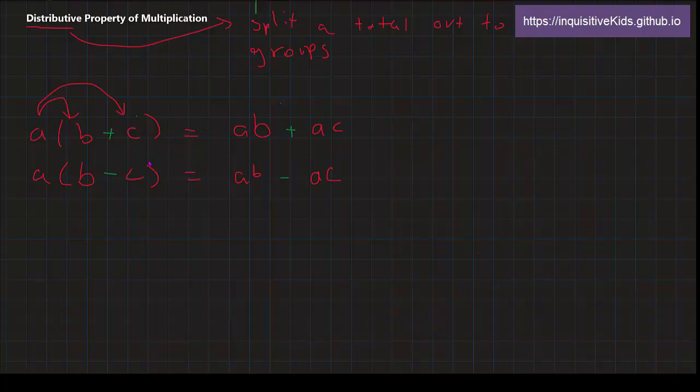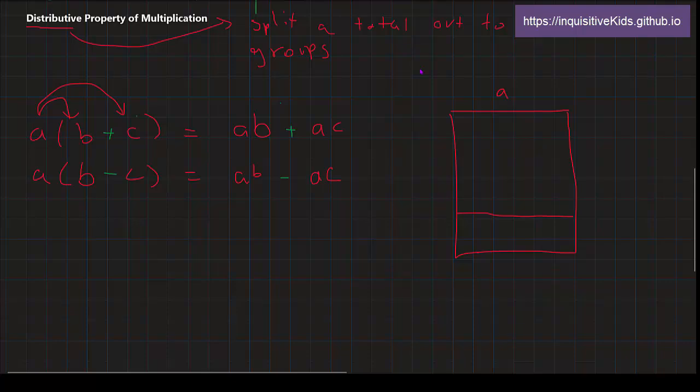So how we can prove that is with a rectangle. You can think of, say this is a, and then this whole thing, you're trying to multiply the rectangle. It's a times this number, that's b plus c. But the b plus c is inefficient or just too big to solve. So what you can do is you split it into two parts.